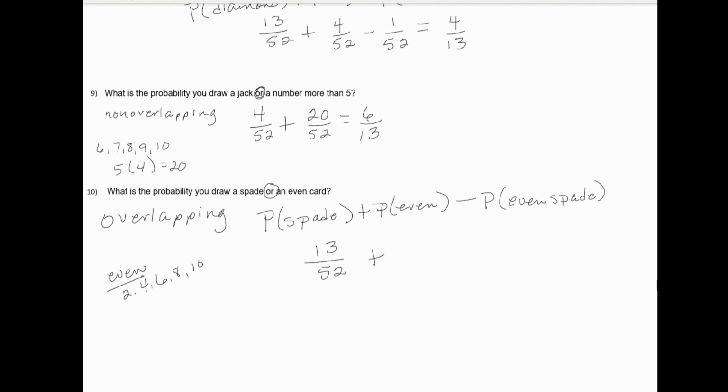So I have 20 of those. So the probability that I get an even card is 20 out of 52. And then we need to subtract off the even spades, and there's 5 of them. So 5 out of 52, we're going to subtract, and that will end up giving me 7/13 for my answer.